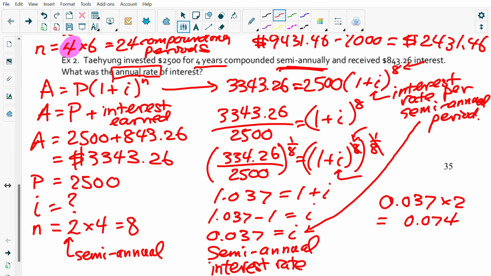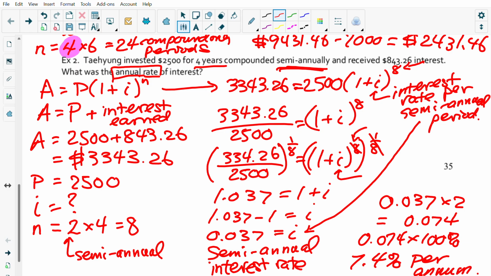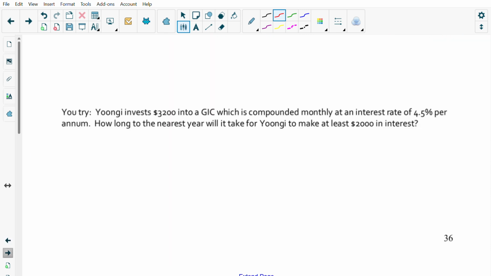That is my annual interest rate. Let's turn it into a percent, because that's the way we like to look at it, times 100%. So my annual interest rate is 7.4%. So 7.4% per annum, which means per year. Okay? Very important. I'm going to put a star here, right? Next page, folks.